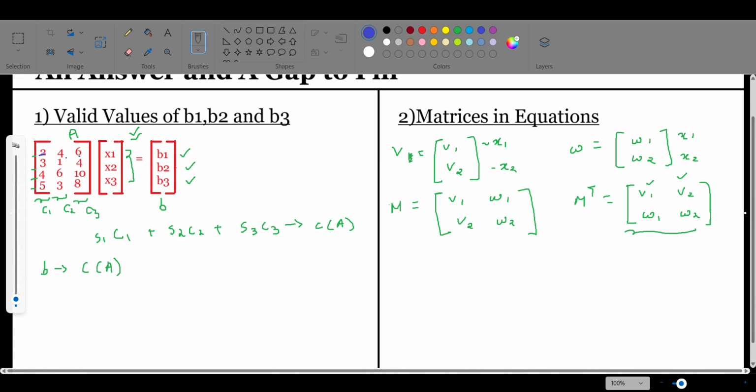Yet we call this matrix A instead of A transpose. It is fine if you even say that that equation is A transpose instead of A. But saying A transpose may become more complicated in concepts that we're going to discuss later. That's why we just simply call it A instead of A transpose. There is nothing wrong in this. These are just different ways of representing the same thing.